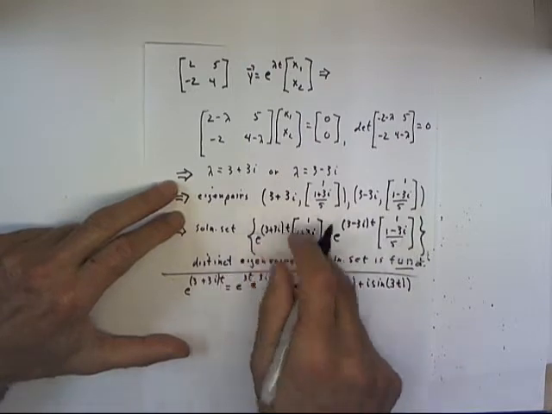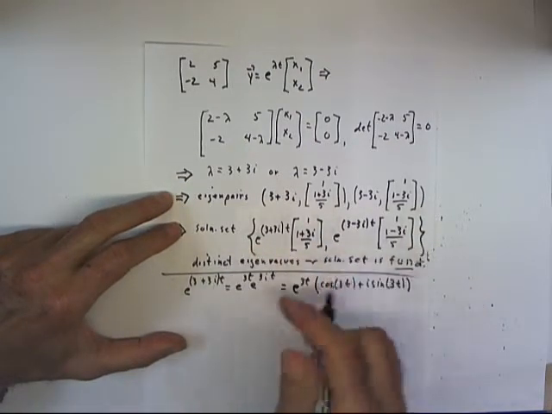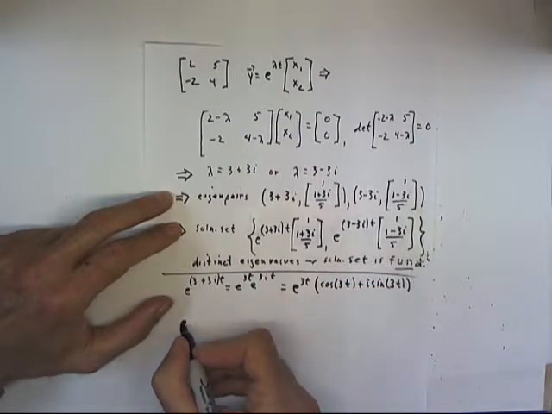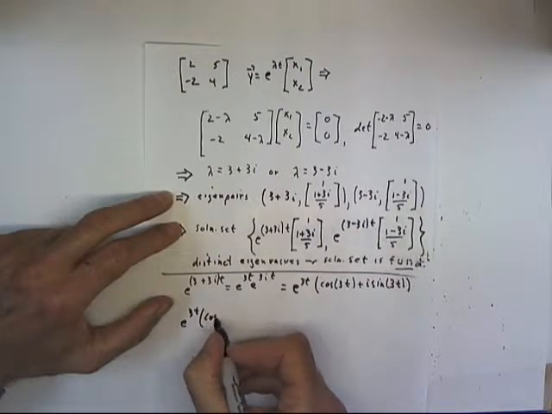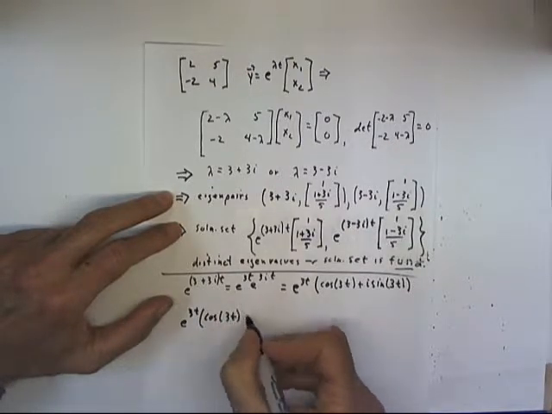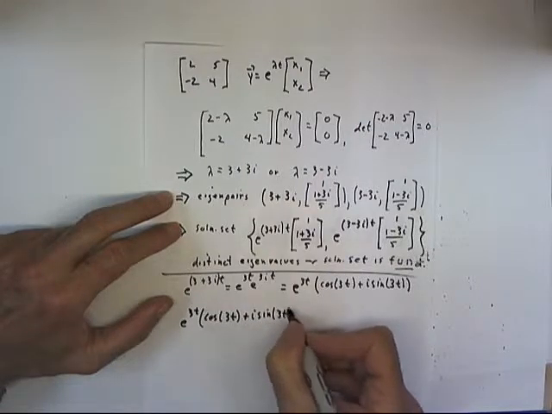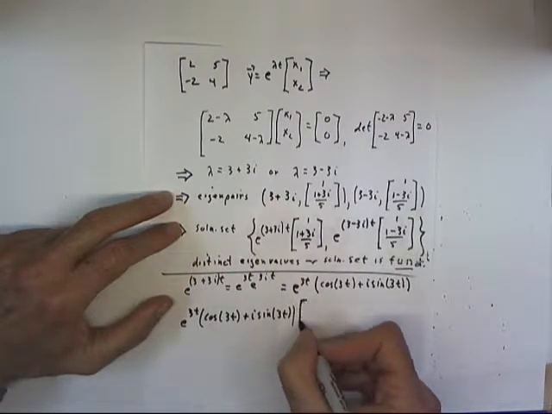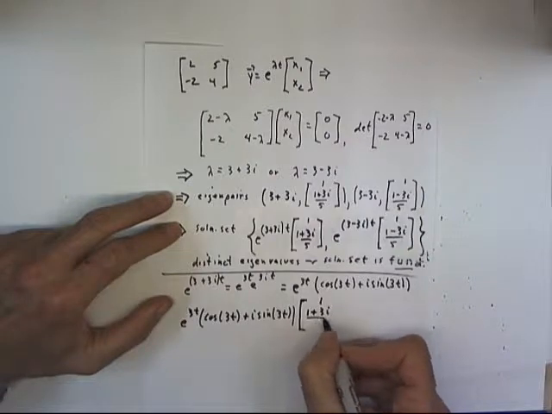So this first solution is going to be e to the 3t multiplied by the cosine of 3t plus i sine of 3t, multiplied by the vector 1, 1 plus 3i over 5.